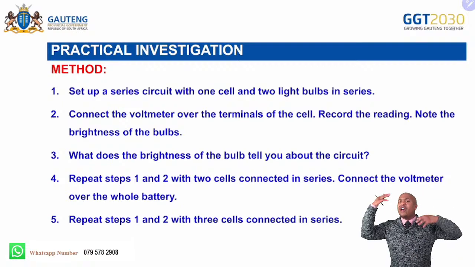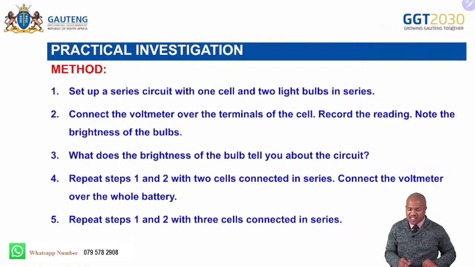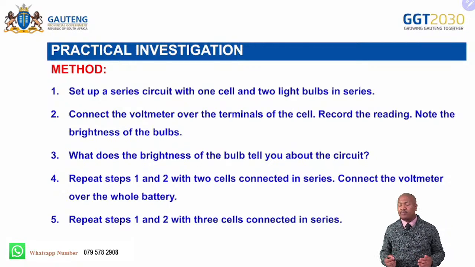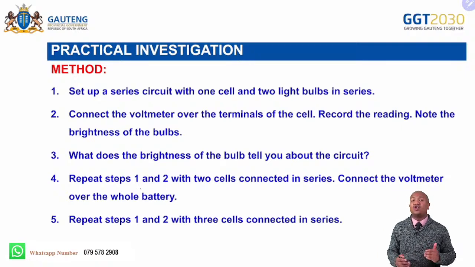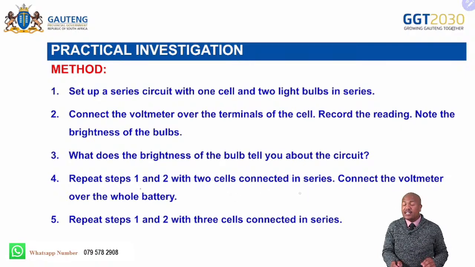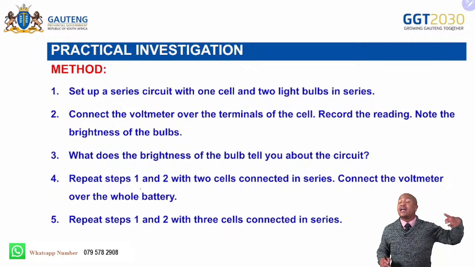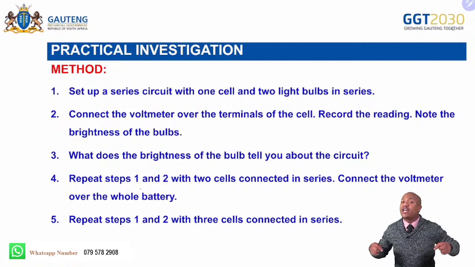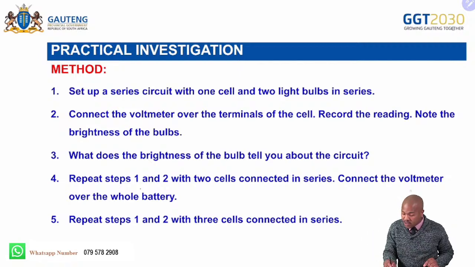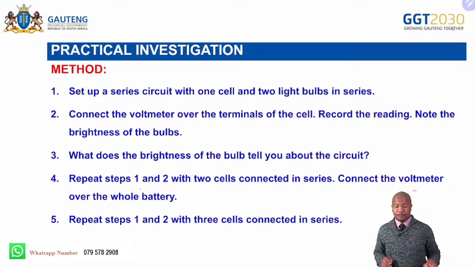You should have a question in your mind: what does the brightness of the bulb tell you about the circuit? Then number 4, we're going to repeat steps 1 and 2 with 2 cells connected in series. Now we're adding another cell, then connect the voltmeter to check the voltage across the battery.